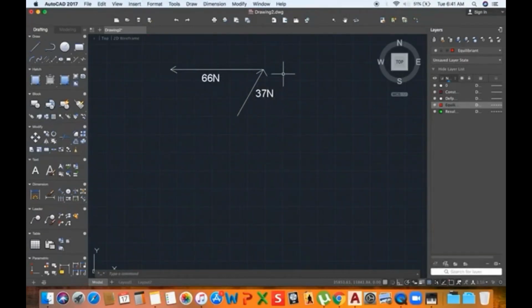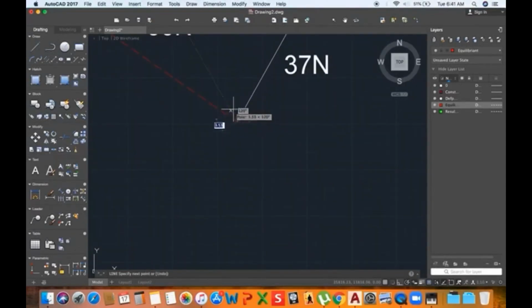So that's the second vector. So please note starting point, ending point, which is the new starting point for the next vector. Let me go back to making the triangle. This is why it's referred to as a triangle of forces.